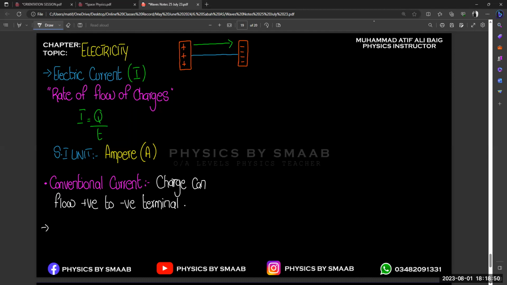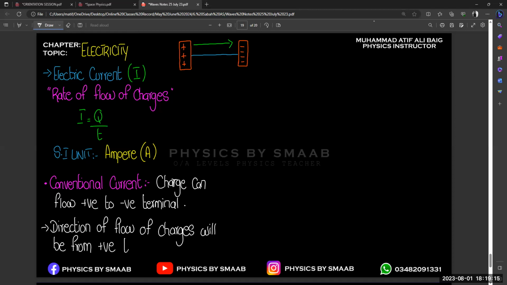It explains the direction of flow of charges. So this is the basic concept of conventional current.